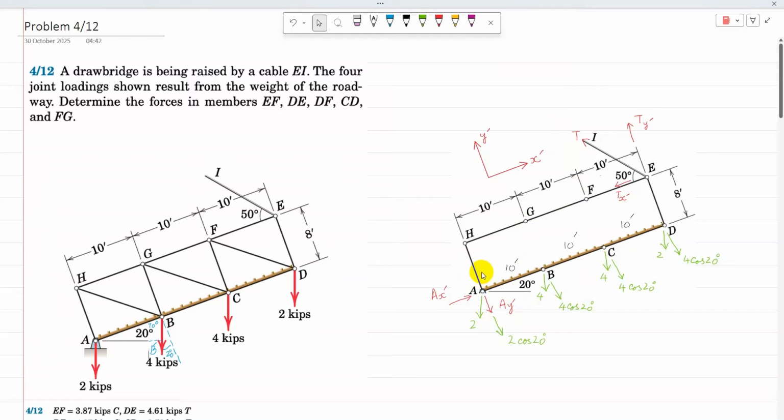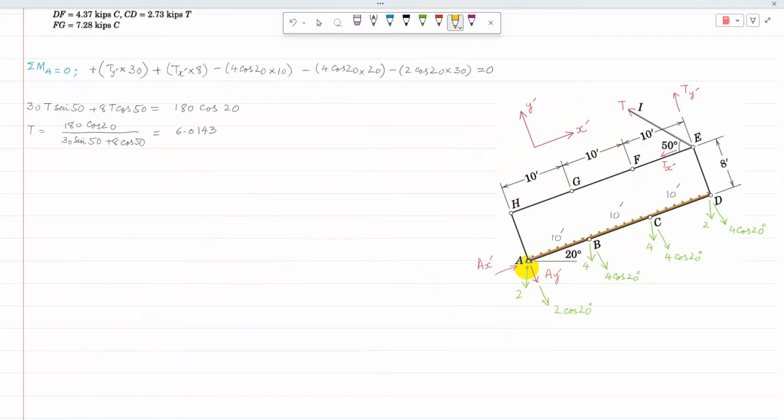So I am going to apply sigma M about point A equal to 0 using the x dash axis and y dash axis.